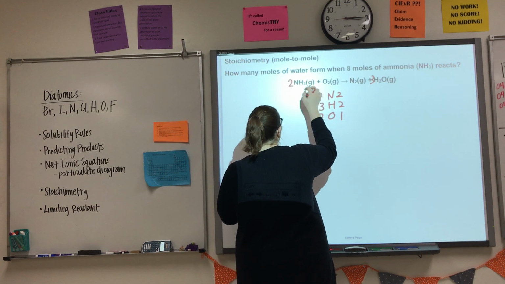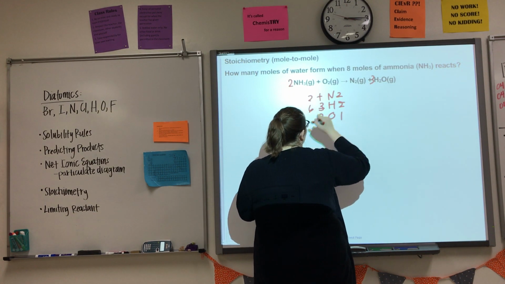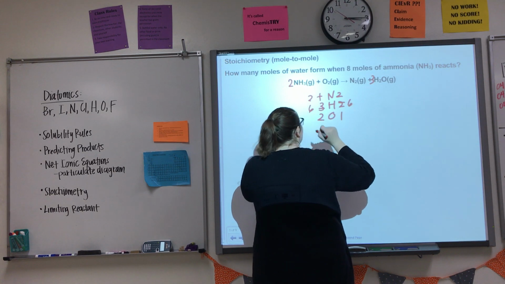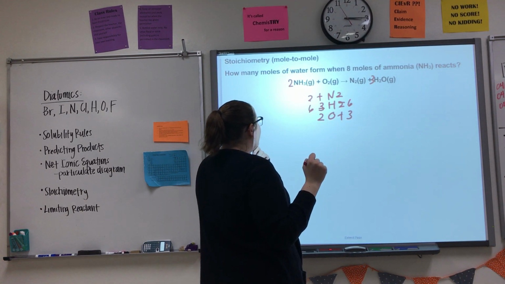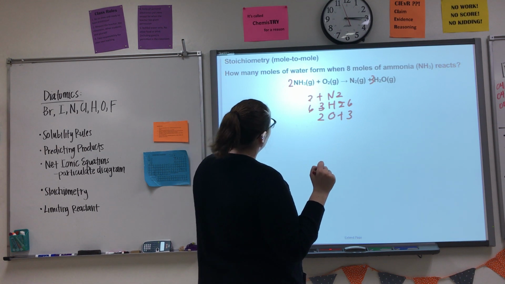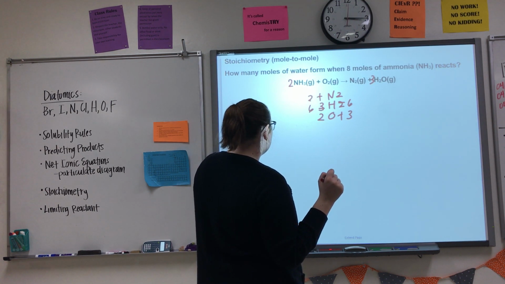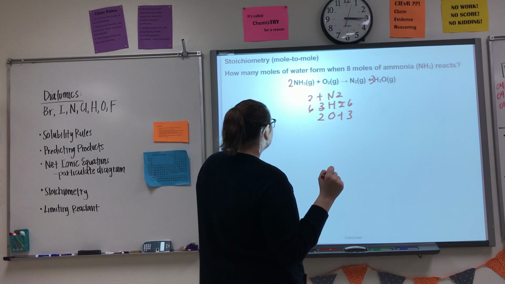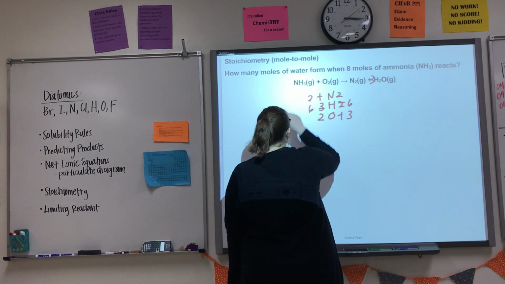So I end up with 2, 6, 3 times 2 is 6, and then I have 3 oxygen. Well, that's not going to work out too well because now my oxygen number is off. So I could double everything, so let me try doubling everything.